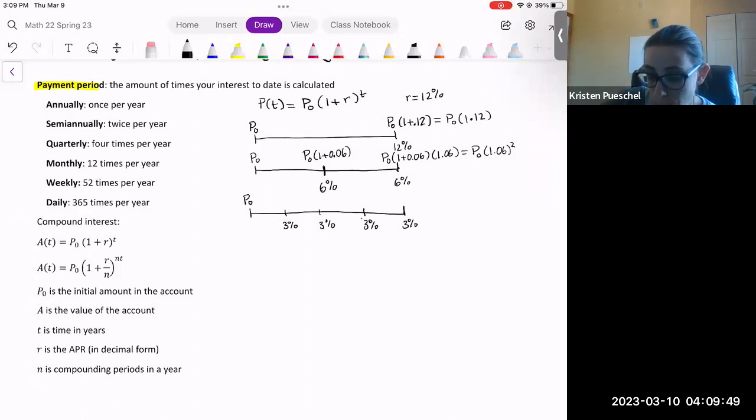After 3 months, we make P naught times 1.03. We then wait 3 months more, and this amount has grown by 3%. So it's going to be P naught times 1.03 squared. And then another 3%, so P naught times 1.03 cubed. And P naught times 1.03 to the fourth.